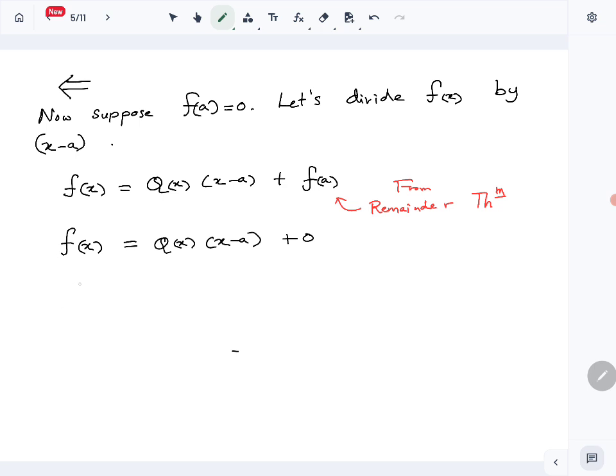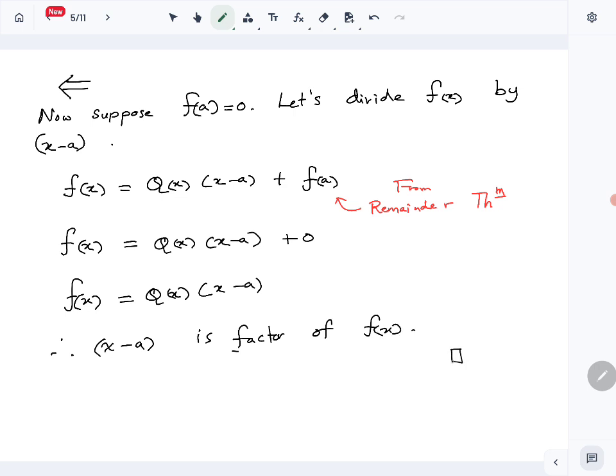So what does that mean? f(x) equals q(x) times x minus a. Then there's no remainder, no? So then x minus a has to be a factor of f(x). So the full proof is done. We went in both directions. So remember that.